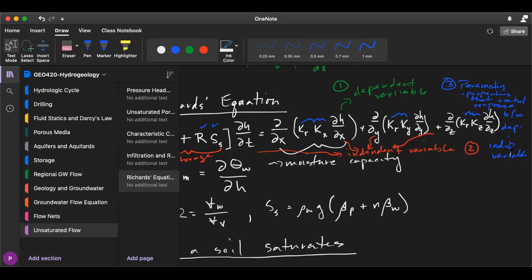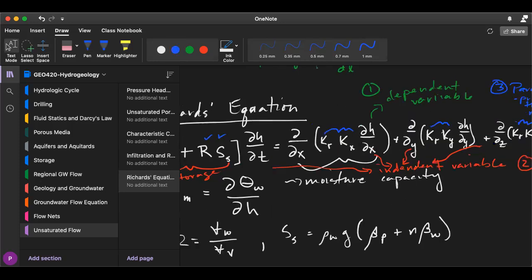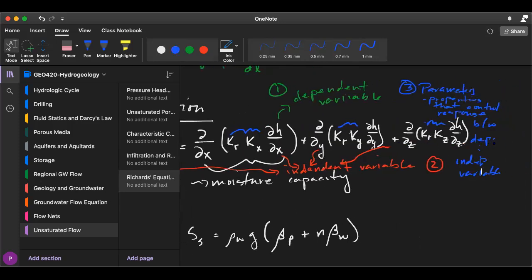Properties that control, let me zoom in, control the response between the dependent and the independent variables.